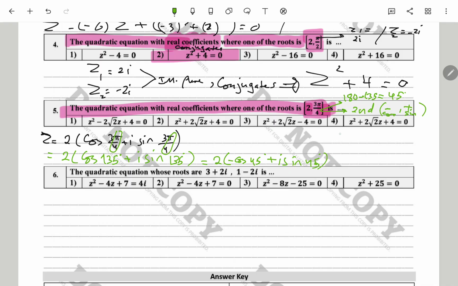And that will be easily written as 2 times negative root 2 over 2 plus 1 over root 2 i.